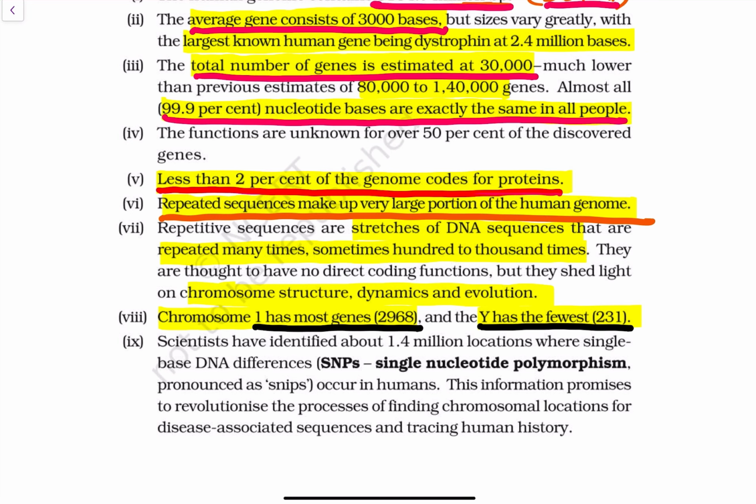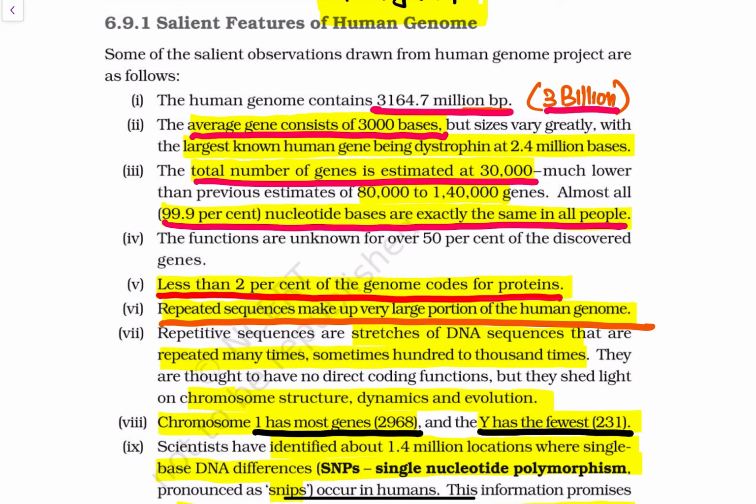And most important, scientists have identified about 1.4 million locations where single base DNA differences occur, which are called SNPs, single nucleotide polymorphisms. This information promises to revolutionize the process of finding chromosomal locations for disease associated sequences and tracing human history.